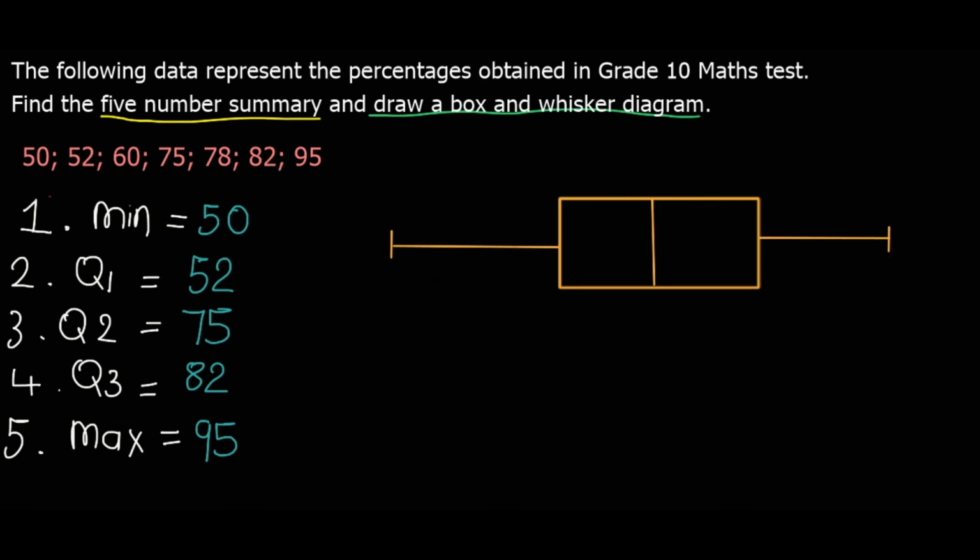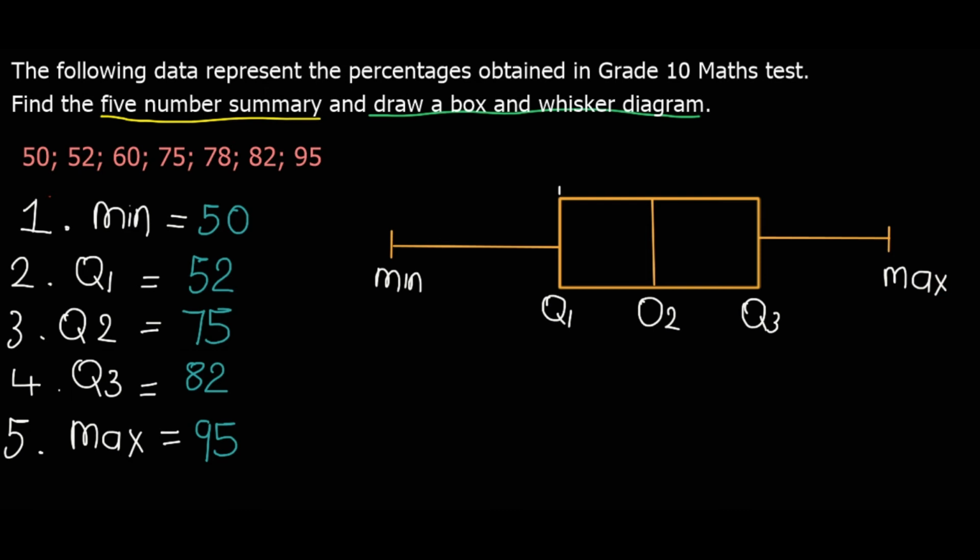So on this box and whisker diagram, this line ya mathomo it represent the minimum, and then mo box la rena le thoma gona it's Q1, and then mo gare ga le box ke Q2, and then mo box le felelago ke Q3, and then on this whisker ya mafelelo ke maximum.